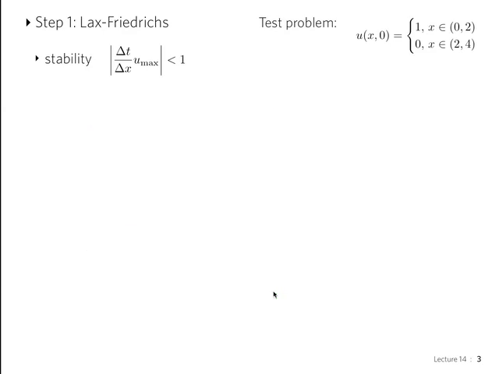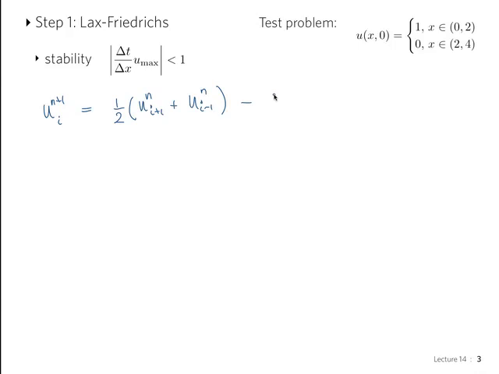Now, in the nonlinear case, for Lax-Friedrichs, we have u n plus 1 at I is equal to, here we do the Lax-Friedrichs trick of doing the average, u n I plus 1 plus u I minus 1 n. So this is the average, which is equivalent to u I n. And then we have the term, which is the nonlinear term, where we have used a standard difference.